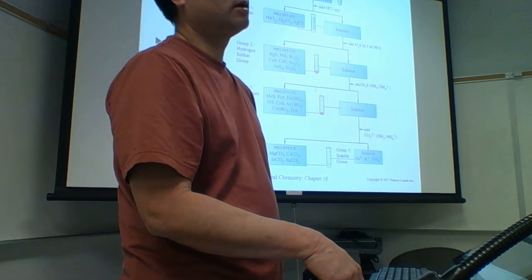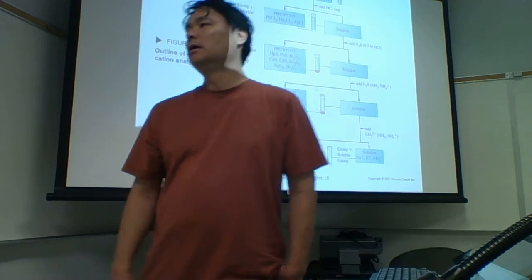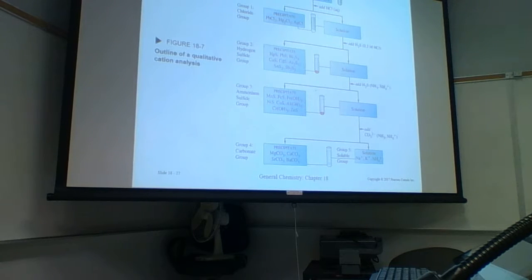Sulfides become less soluble at low pH. A low pH means high hydronium. Oh, more soluble. Okay. Sulfides become, you're right, more soluble at low pH. Sorry to confuse you there. More soluble at low pH because the hydronium can attack the hydroxide and the HS minus, shifting this to the right.